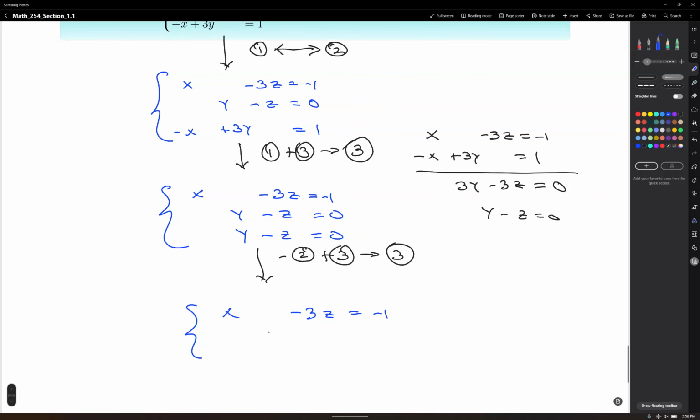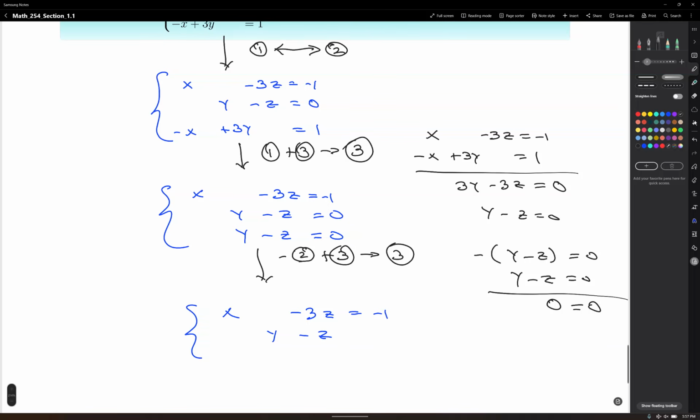I'm going to write y minus z, and then let me do the operation on the side. That is negative y plus z equals 0. Negative y plus y, don't they cancel out? z minus z, don't they cancel out as well? So what do we get? 0 equals 0, isn't it?